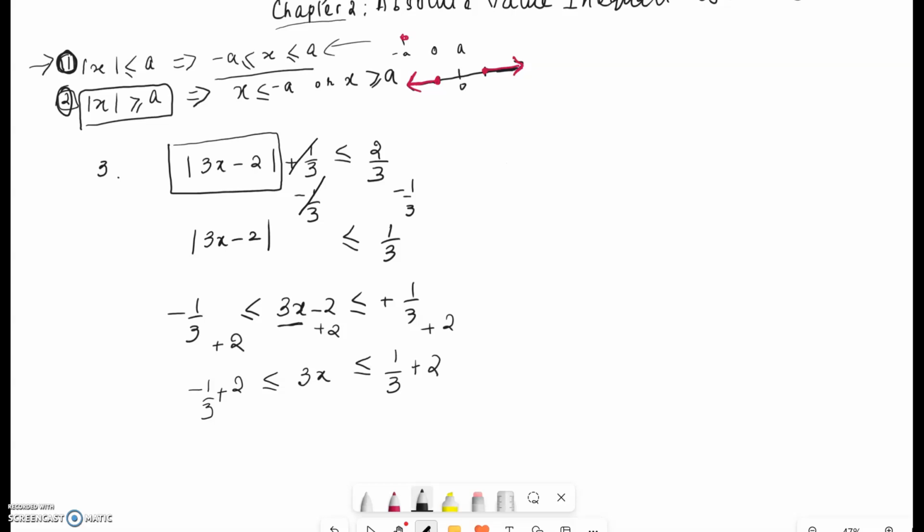Let's simplify this expression. I'm going to take a common denominator, negative 1/3 plus 2 over 1. So I multiply the denominator by 3 and the numerator by 3, or use your calculator. Less than or equal to 1/3 plus 2 over 1. I multiply the denominator by 3 and the numerator by 3.